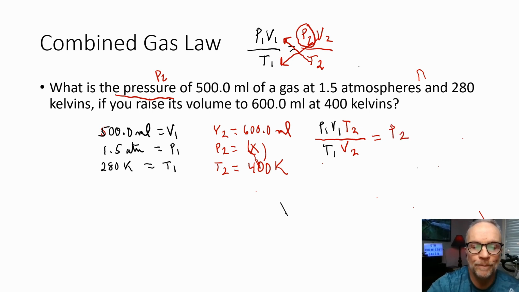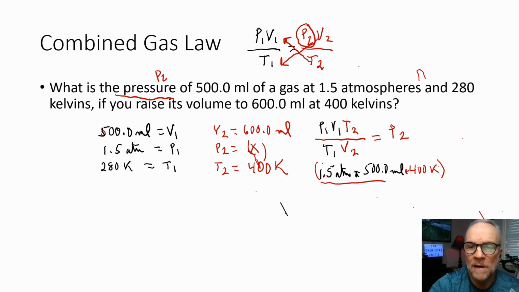So P1 is 1.5 atmospheres, times V1, which is 500 milliliters, times T2, which is 400 K, all divided by T1, the first temperature given, 280 K, times V2, the volume, 600 milliliters.